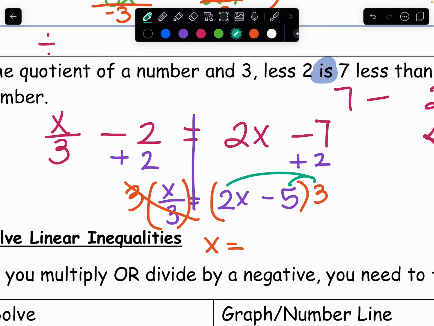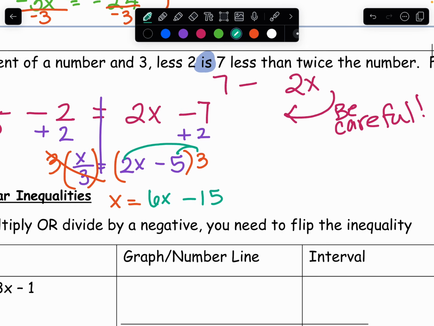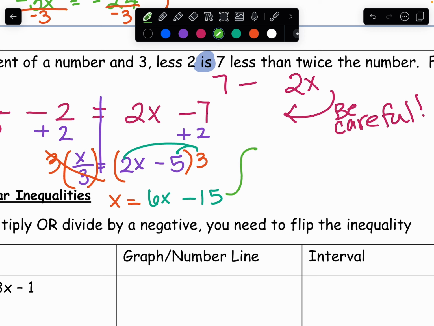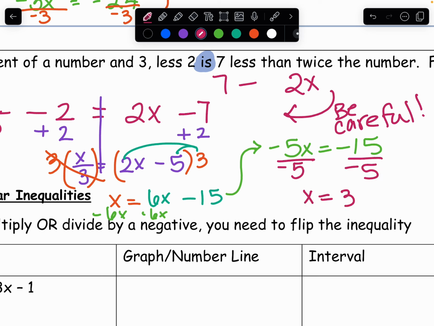We can distribute that 3 in because there are no given parentheses, so we get 6x minus 15. I need to work on giving you more space. Going up here, I'm going to subtract 6x from both sides, which will give us negative 5x equals negative 15. Finishing the problem by dividing both sides by negative 5, we get x equals 3.